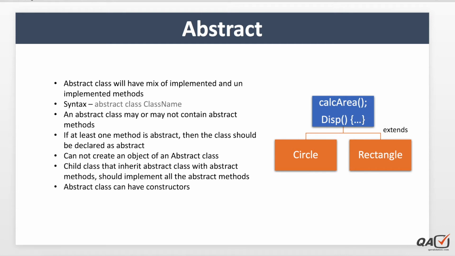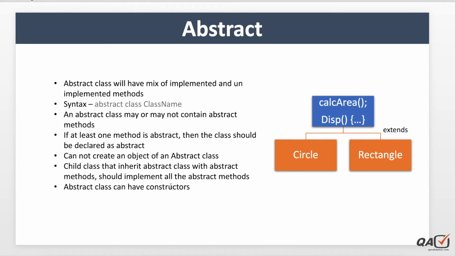Your blue square is an abstract class, and these orange boxes are child classes, or concrete classes. If I'm inheriting the abstract class, I have to implement all the unimplemented methods. That is what it is telling.